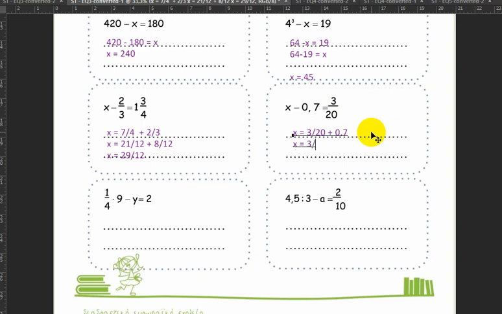Whereas here, we are going to have to use least common multiples. So either way, whichever way works for you. So 3/20 stays the same, and 0.7 becomes 14/20. Now I can add them, so x is equal to 17/20.